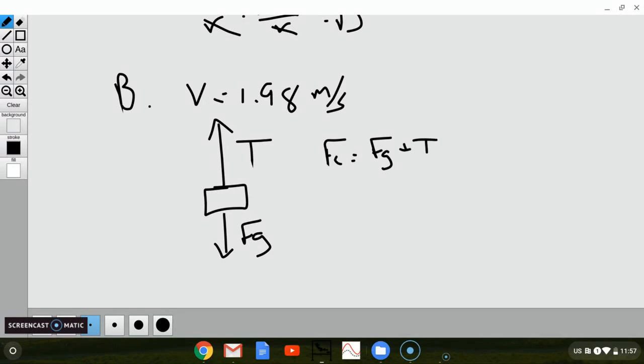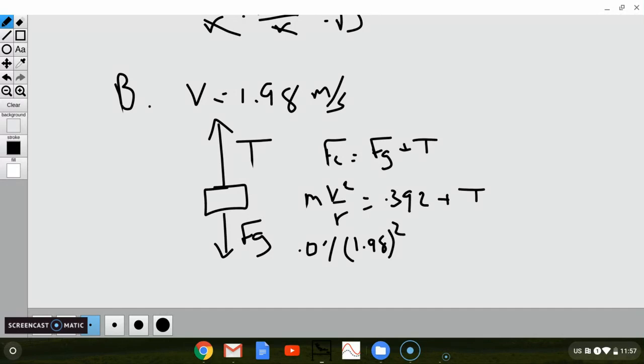We know that F_c is mv squared over r, and F_g we've already calculated, so I'm just going to say 0.392 plus the tension. And so this will be 0.04 times 1.98 squared, all over 0.4, the radius, is equal to 0.392 plus T. So now we're just going to solve for T.